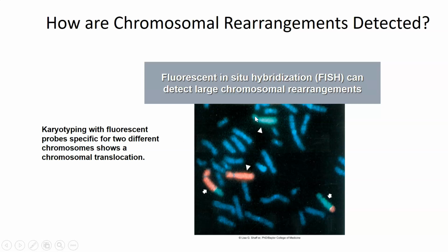You will see one chromosome staining green and another one staining red when you shine a laser beam on them. However, you also would notice that this chromosome is partly red and partly green, and this other chromosome is also partly green and partly red. It looks like they've swapped segments of both chromosomes. A small segment of the red chromosome has been swapped with a somewhat larger segment of the green chromosome. So this would be a translocation that you could detect by this FISH technique.